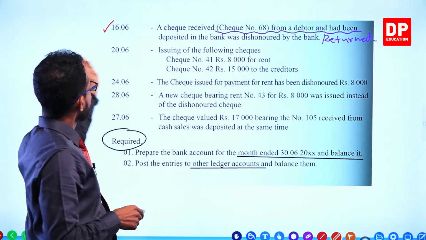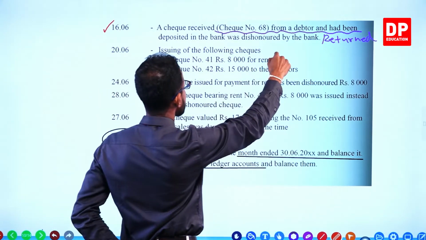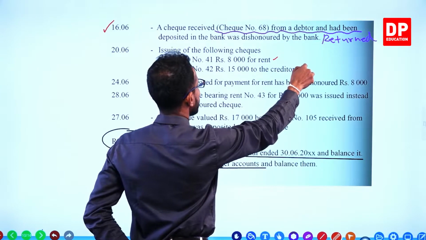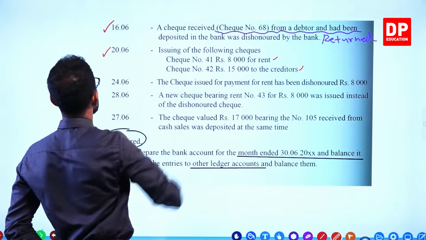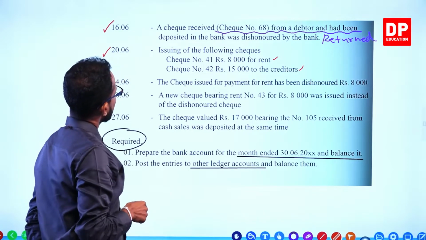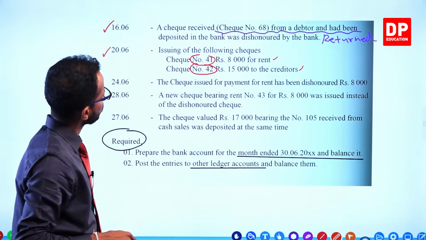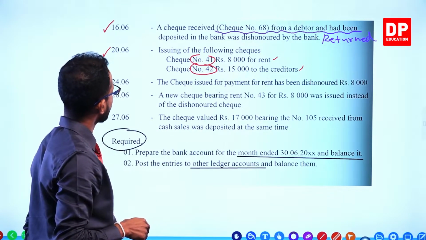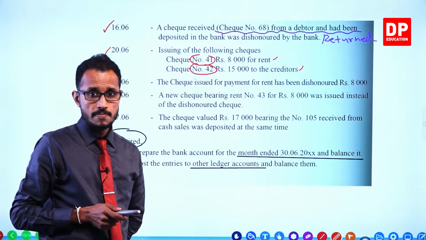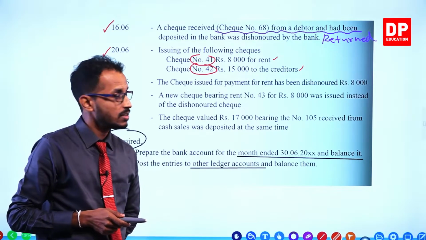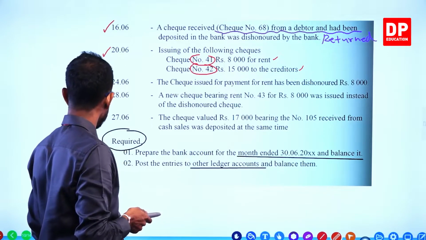Okay, issuing of the following checks. We have issued checks for rent and for creditors. 20th of the month, check number 41, check number 42, 8,000 and 15,000. Issuing of checks means bank money goes out. Bank money is paid, so it decreases. Bank credit, 8,000 and 15,000.